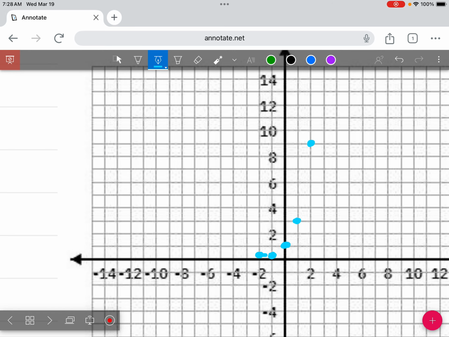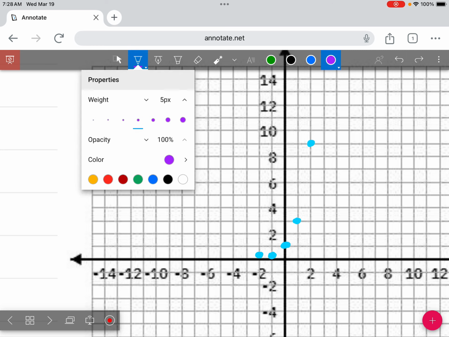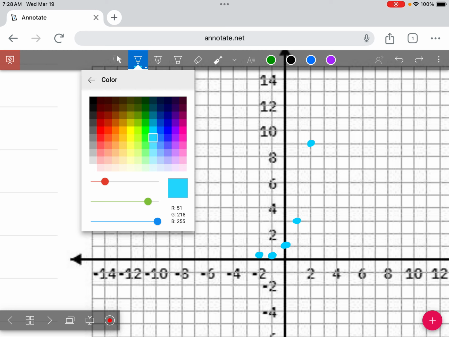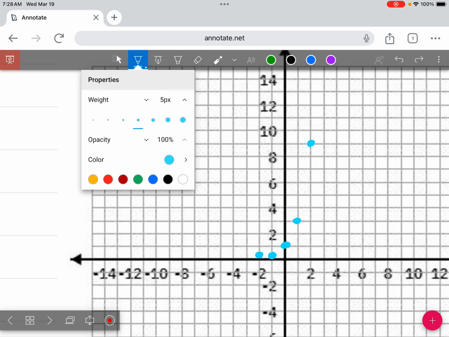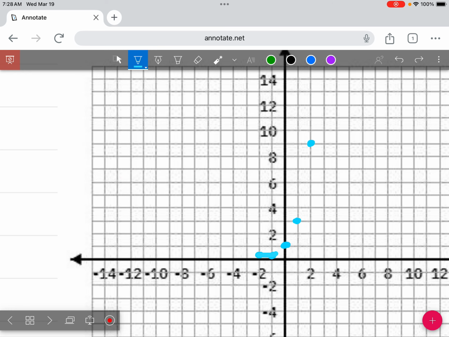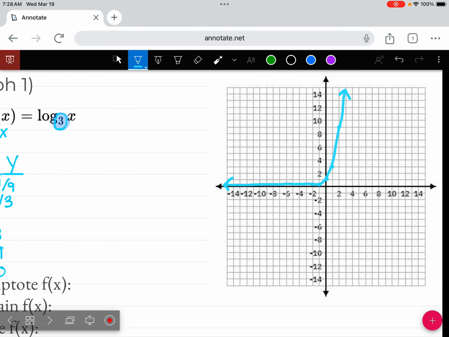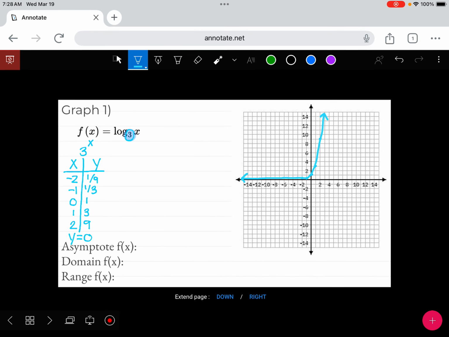And again, it's got that asymptote, that line we cannot cross, right on our x-axis. So I'm just going to connect these up. Ooh, that's too thick. There we go. Let's go with that one. Better. So it's going to go like this, and it goes off to the side forever. So this is our exponential function that is 3 to the x.